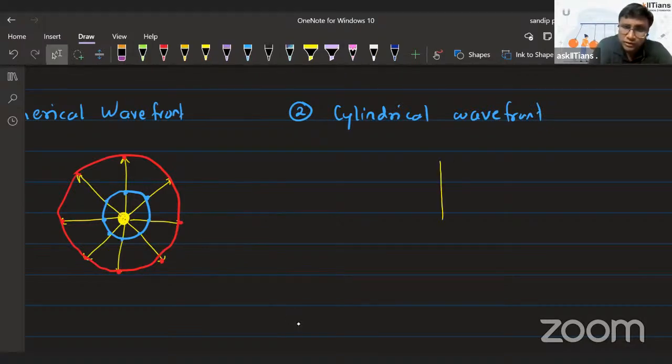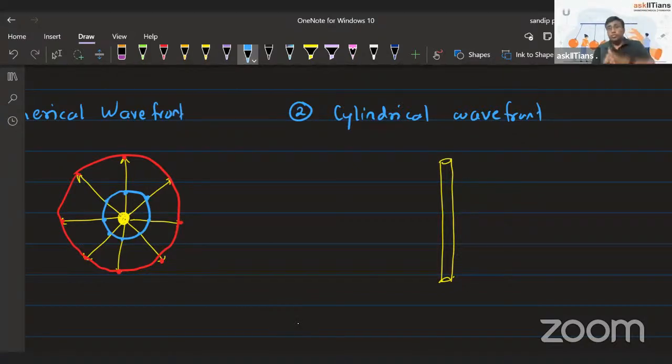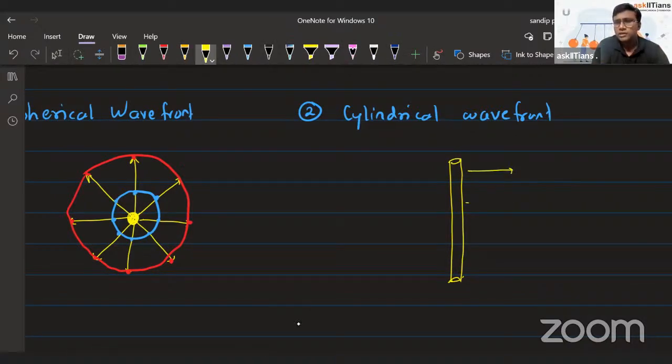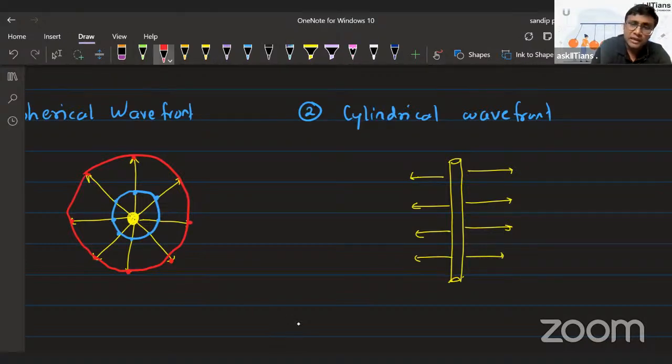Consider there is a small tube like this, right? So a tube of light, we can say. It is also going to send, let's say, light in all the possible directions. So if you consider the distance at which the light will reach simultaneously, it will be something like this.